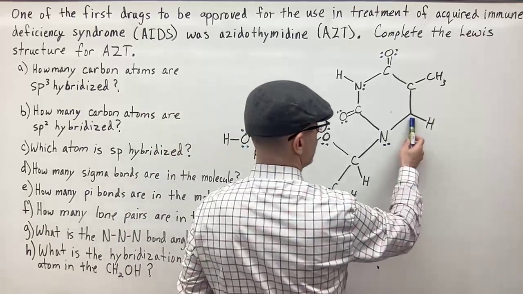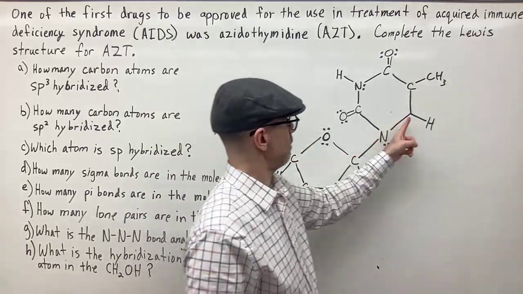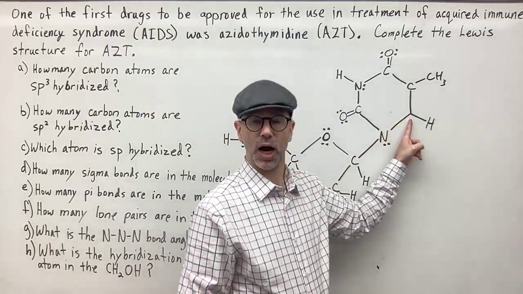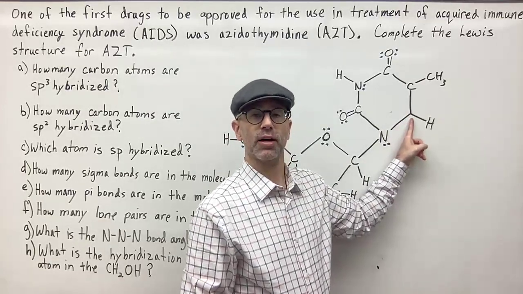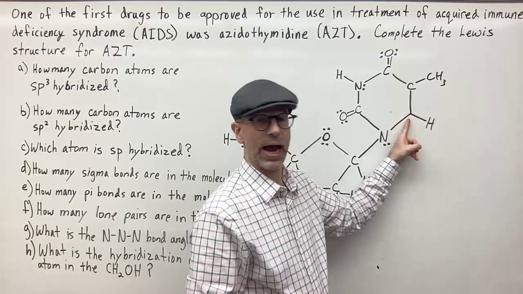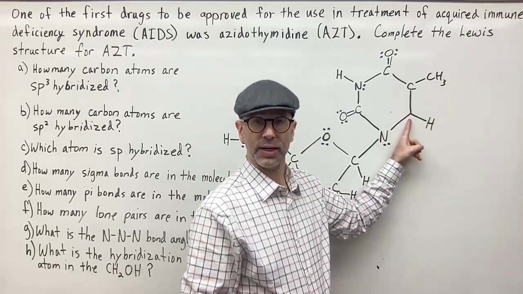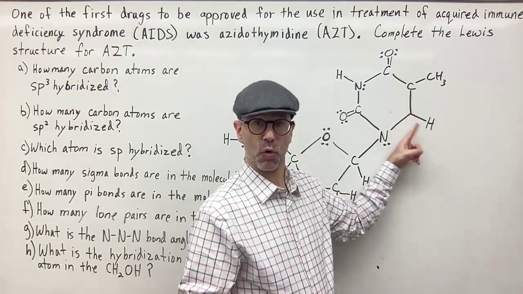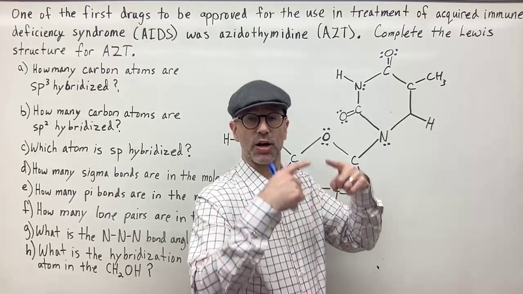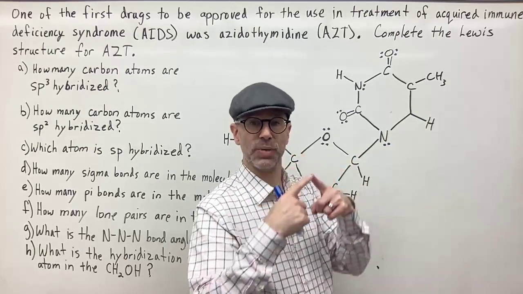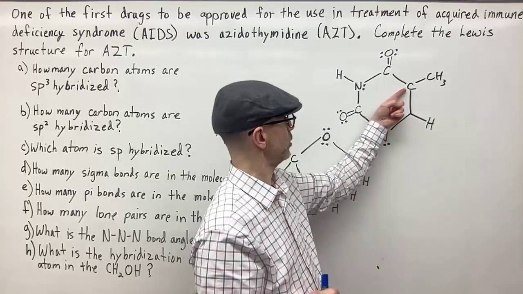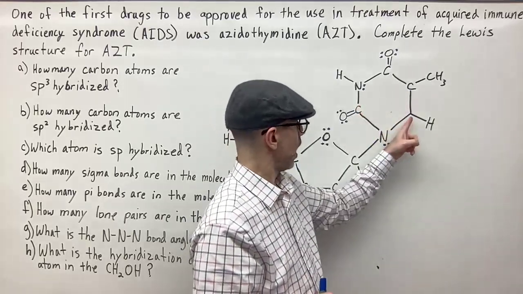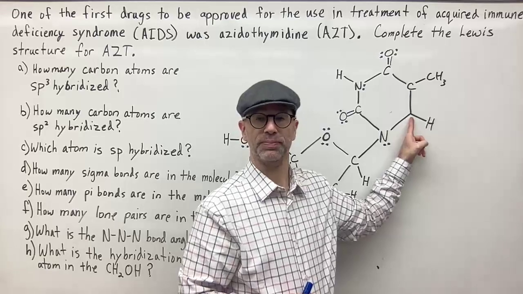If you look here, this is a common way of writing your carbon. When you have an organic molecule, a lot of times you'll have corners or places where lines will meet, and at those meeting places, if there's no atom written, like here you have carbon, here you have nitrogen, it's assumed that that's a carbon.